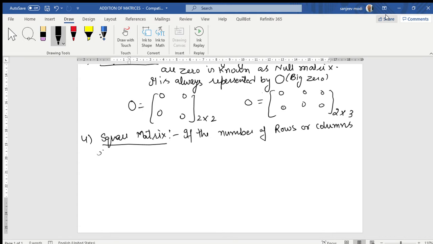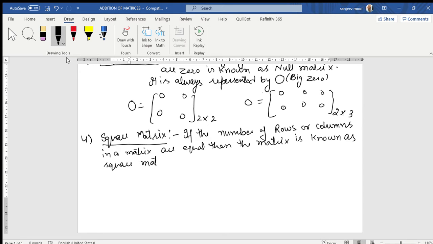The number of rows or columns in a matrix equal, then the matrix is known as a square matrix.